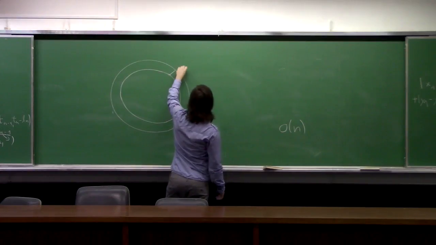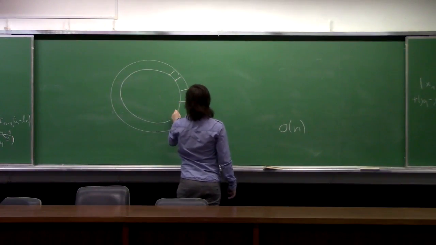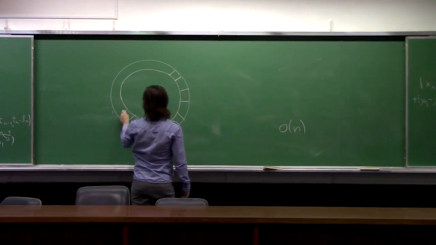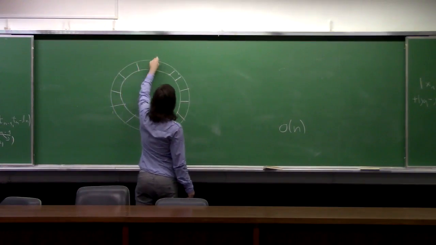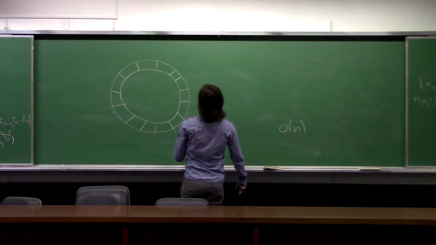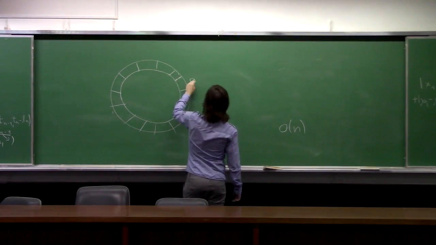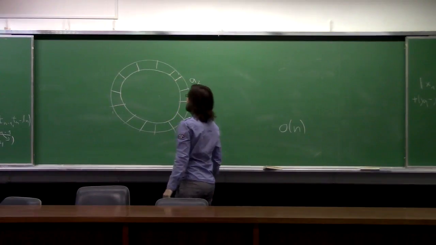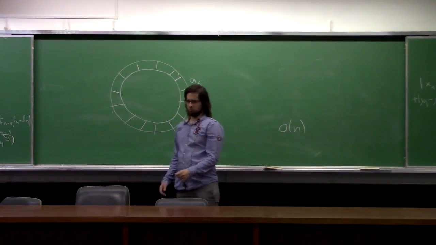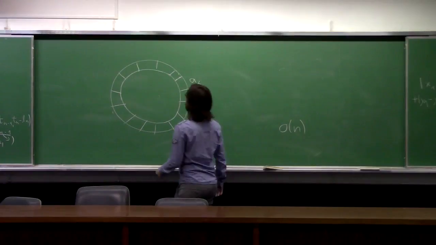places on a circle, and in each of those places there are some AI rabbits, and we can do the following operation up to k times.